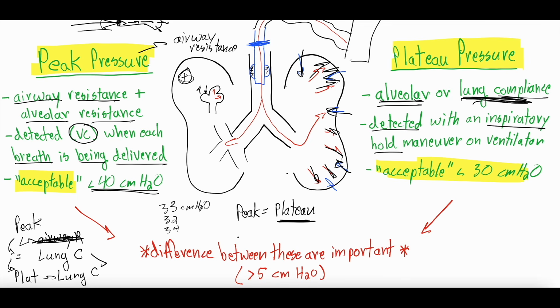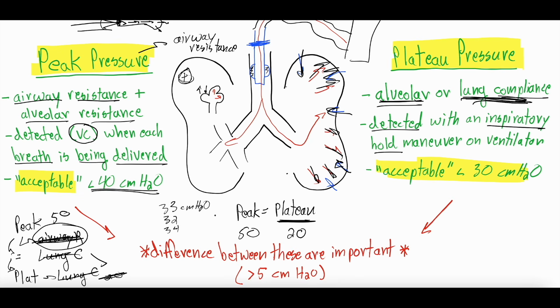That's in contrast to if the peak pressure is greater than the plateau pressure. So let's just say the peak pressure is 50 and the plateau pressure is 20. Well, now this changes, right? Because if we're saying the plateau pressure is 20 and the peak is 50, we can essentially say that 20 is related to lung compliance, but the other 30 left is airway resistance.